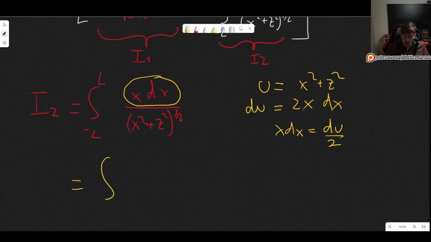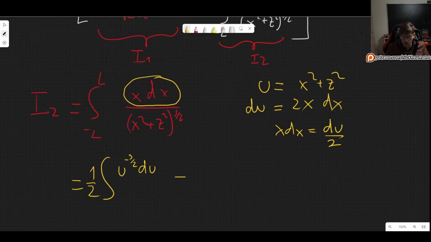So now I won't change the limits of integration. Again, just as I did before, when we are done integrating, I will plug them back in. I'm lazy. Okay, so this is 1/2 from here, du divided by, and this entire thing is now u to the 3/2. Or we can write this as u to the minus 3/2.